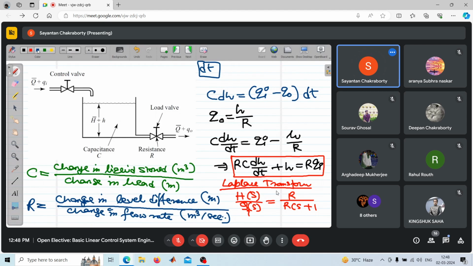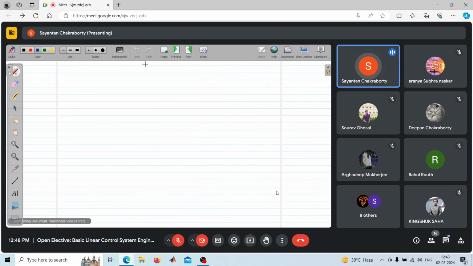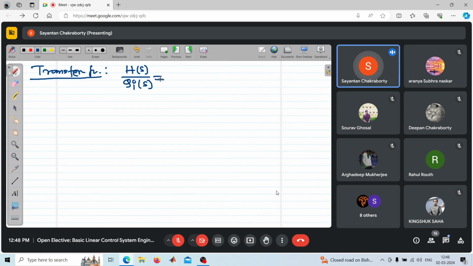Let me write on the next page. How does the height of liquid in the tank vary with respect to change in the inlet flow rate? It is given by R by RCs plus 1.